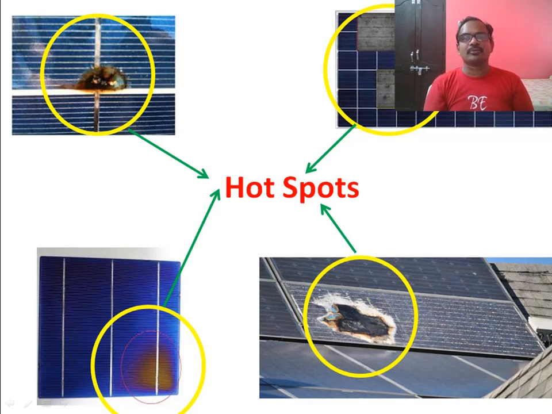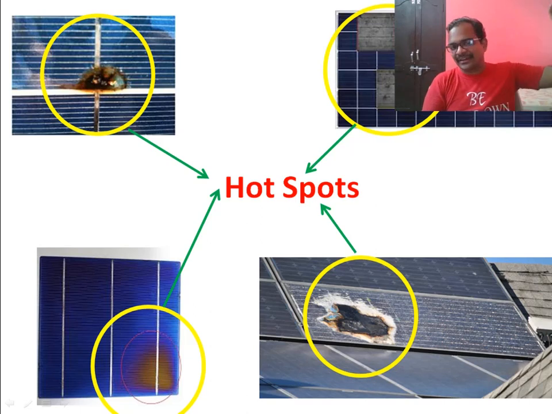These are all the drawbacks of hot spots. So hot spots are because of shading. Due to shading, the voltage produced by a cell decreases, and this leads to the flow of current from the high voltage cell where sunlight is falling, that is the unshaded cell, to the shaded cell.